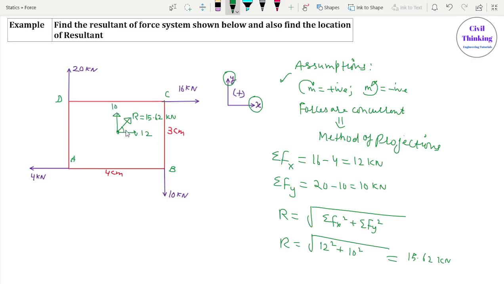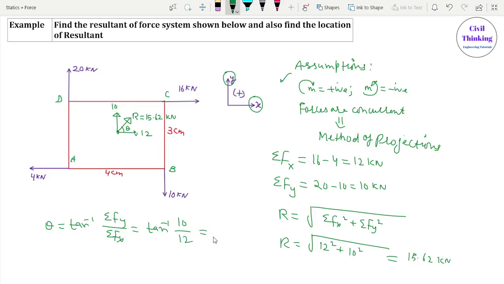Now let us find this angle theta, the angle of the resultant with the horizontal. It will be found using theta equals tan inverse of summation of F of y divided by summation of F of x, which is tan inverse of 10 divided by 12.